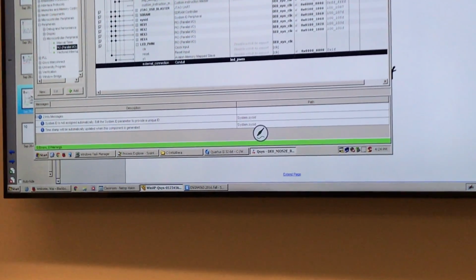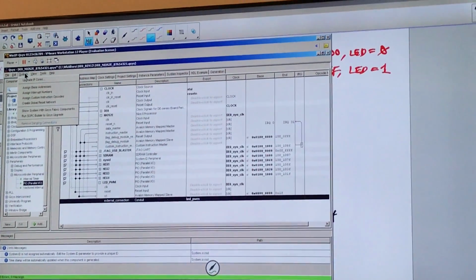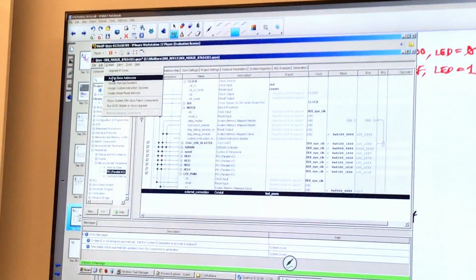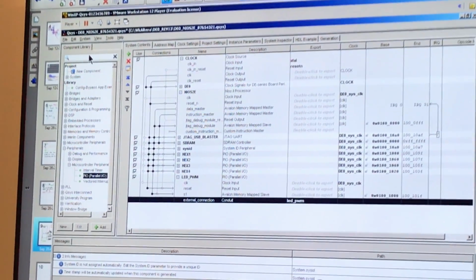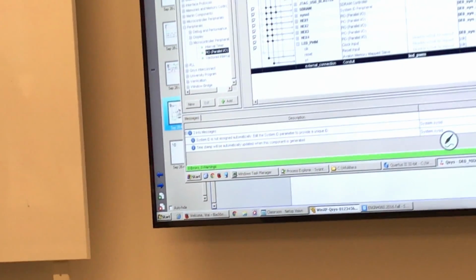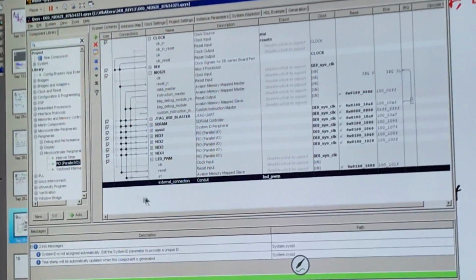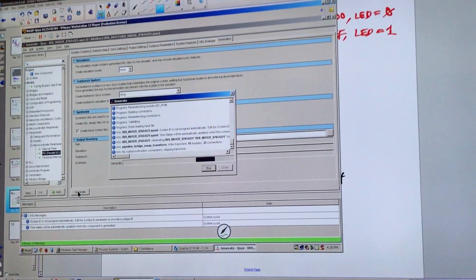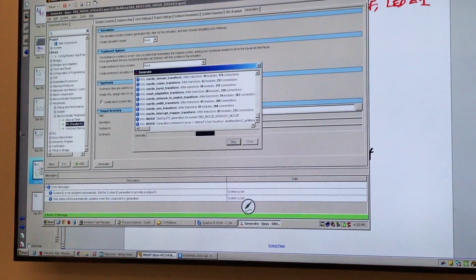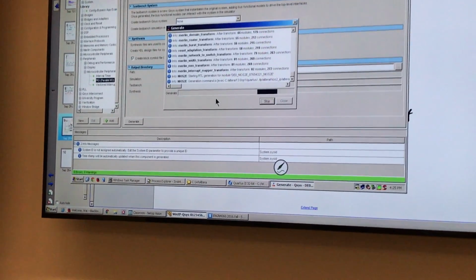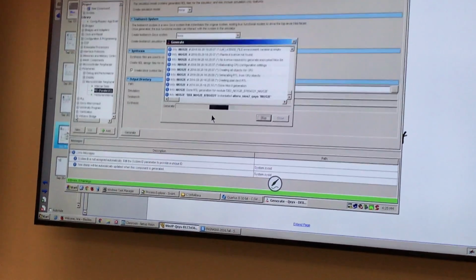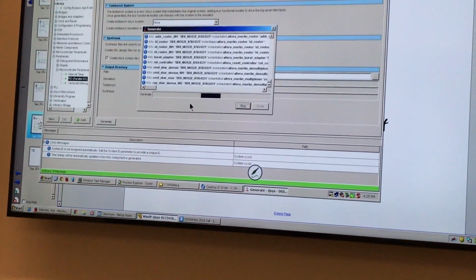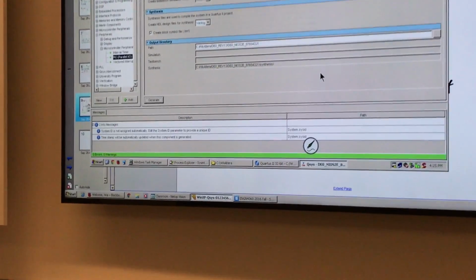Last step, remember, every time you add something, you always have to assign base addresses. Okay, always have to do that. Save and generate. So you're only adding one component this time. Done.